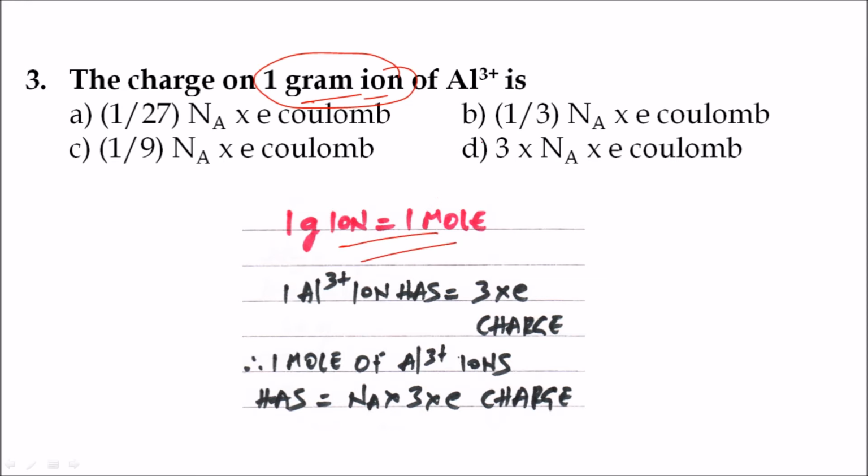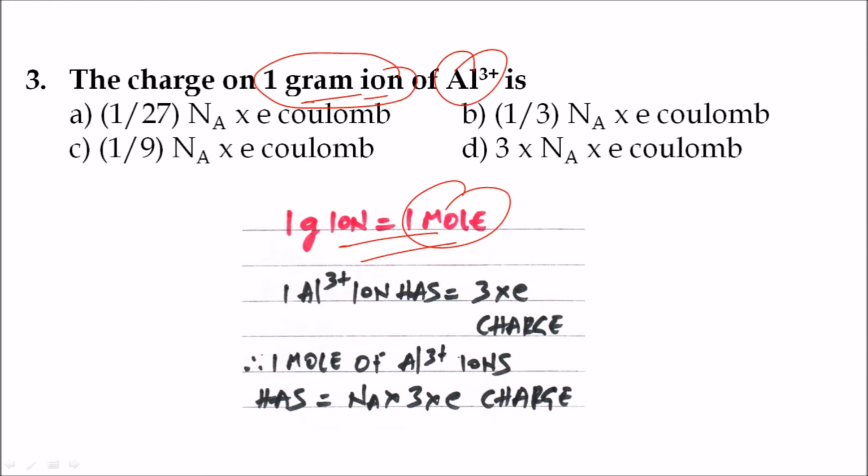So 1 gram ion is 1 mole. They're asking for 1 mole of Al3+, what charge it has.